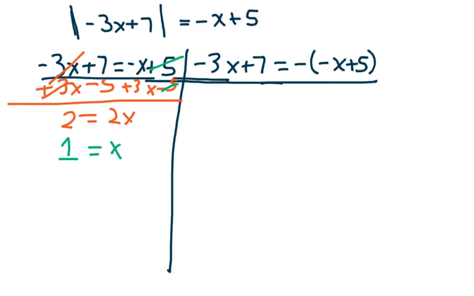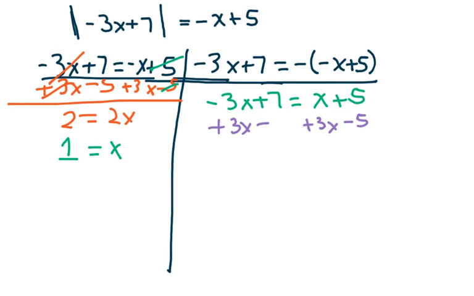This side's going to be negative 3x plus 7 equals x plus 5. I'm going to add 3x again to both sides and subtract 5 from both sides, 2 steps at once. Here this cancels, and then all you have to do is add.